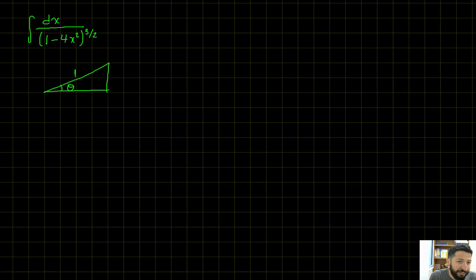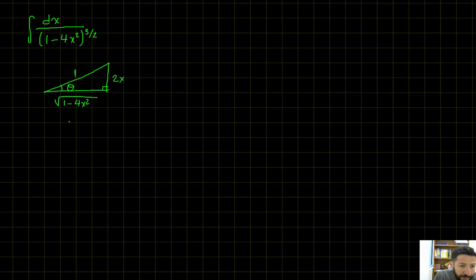Then we have a choice. We can put our square root of this guy, which is 2x, here or here as an adjacent or an opposite, but traditionally we put it as an opposite, so you get a sine substitution. And then the Pythagorean theorem tells us that this guy right here would be the square root of 1 minus 4x squared.